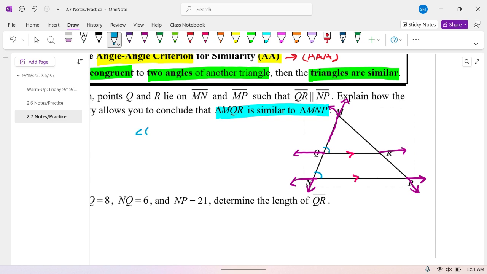So angle Q is congruent to angle N because they're corresponding angles. And we know that corresponding angles are congruent. What about R and P? How do we know that these two angles are congruent? They're also corresponding. So angle R has to be congruent to angle P because, again, they're corresponding.